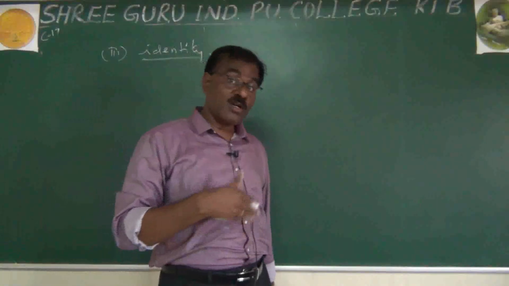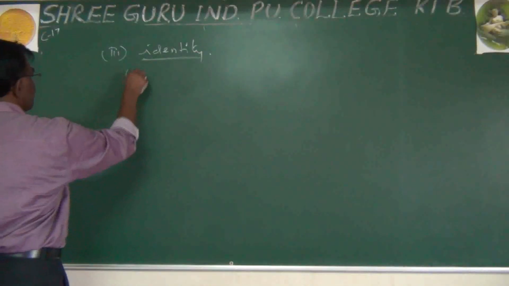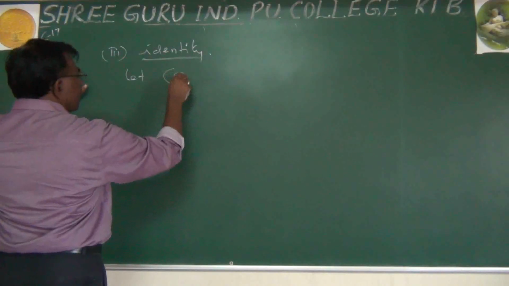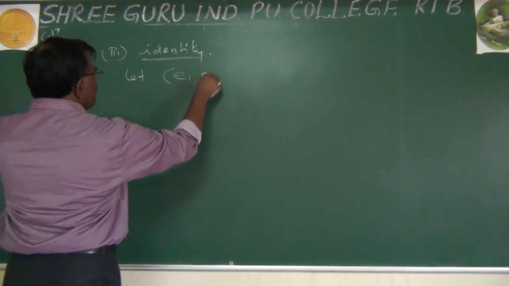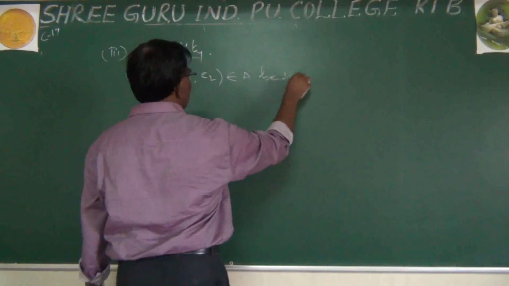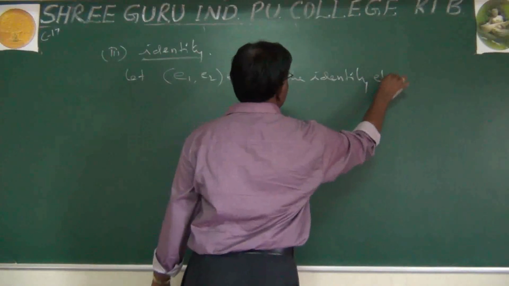Identity means you have to select two identities because of the ordered pairs. Take E1, E2 belonging to A, be the identity element.